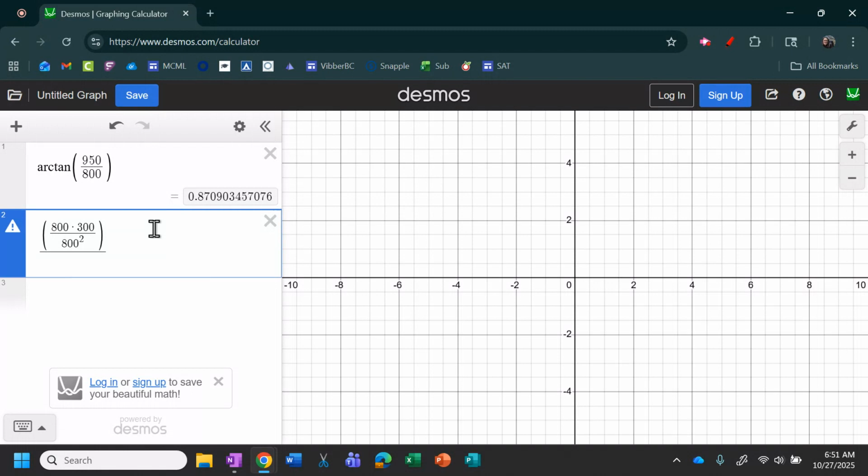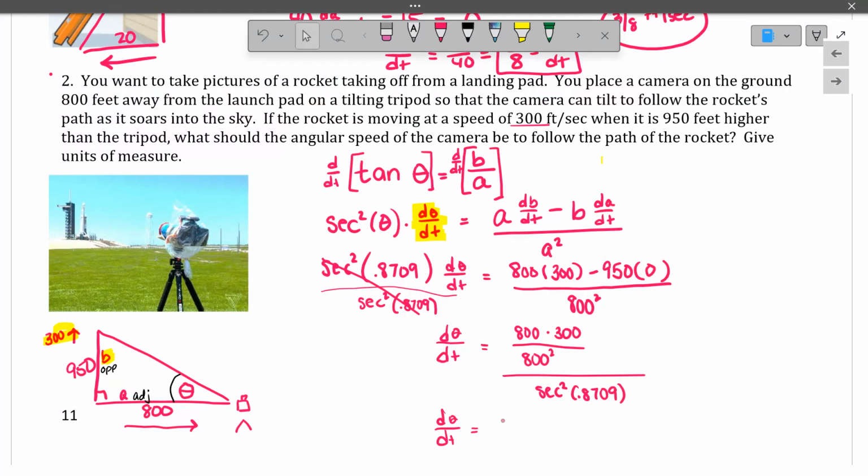And then I'm dividing that by the secant of 0.8709 squared. And I get 0.155592. And then it says give units of measure.